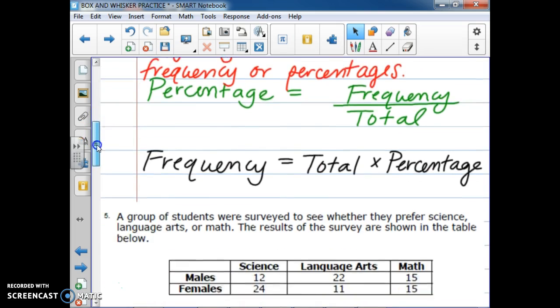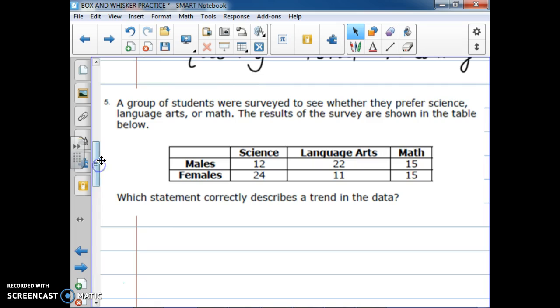All right, so let's get into an example. Here we have a group of students who are surveyed to see whether they prefer science, language arts, or math. The results of the survey are shown in the table below. So here we have males and females that were surveyed, and we have three subjects: science, language arts, and math. Each number represents how many of that group preferred that subject.